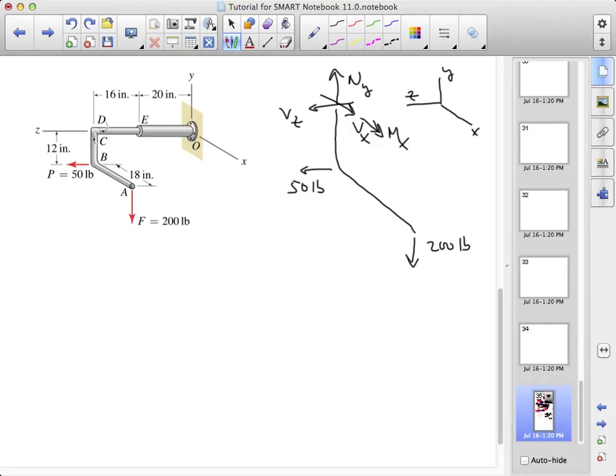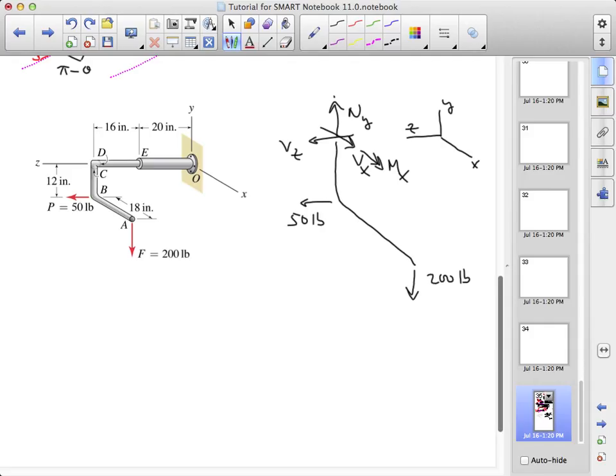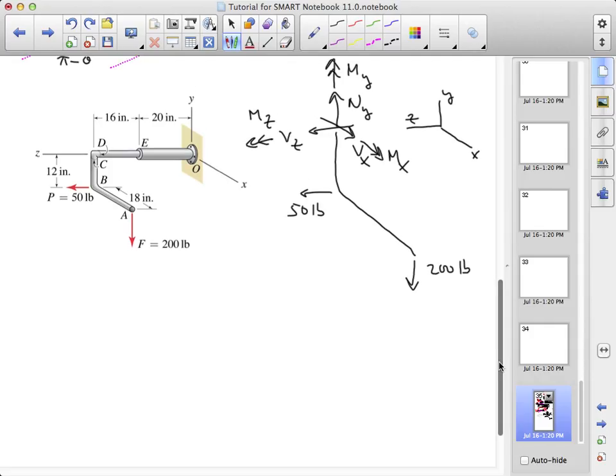Mx, My, and Mz. Our equilibrium equations will be these. In the x direction, we have simply Vx is equal to 0.